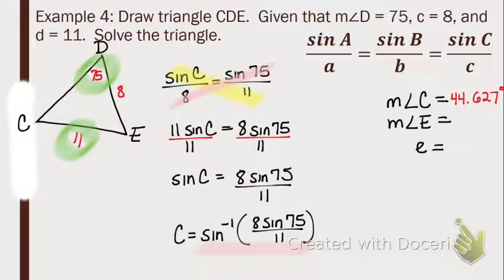Who had that? Now that we know two angles, we can easily find angle E. So now let's find angle E using triangle sum.